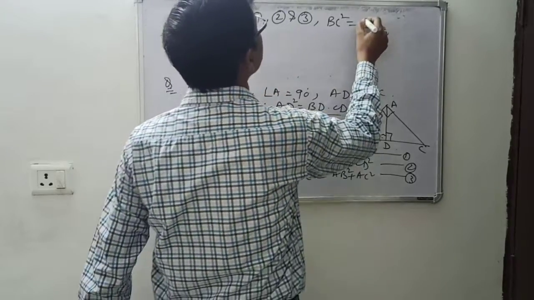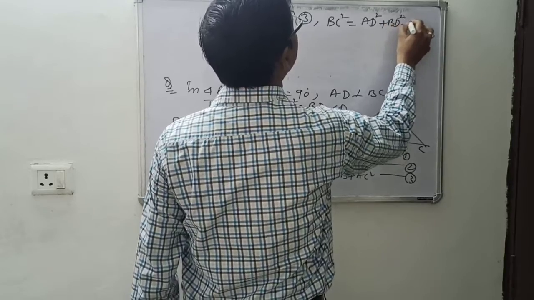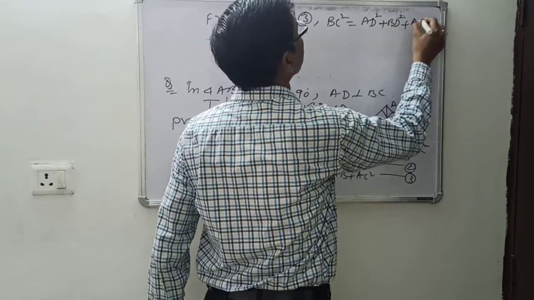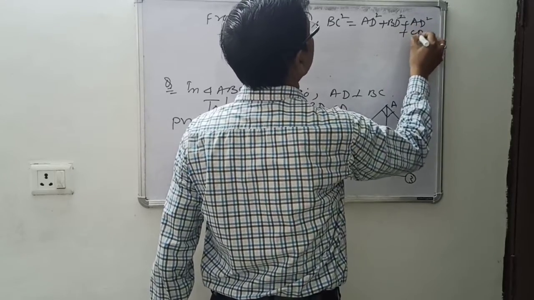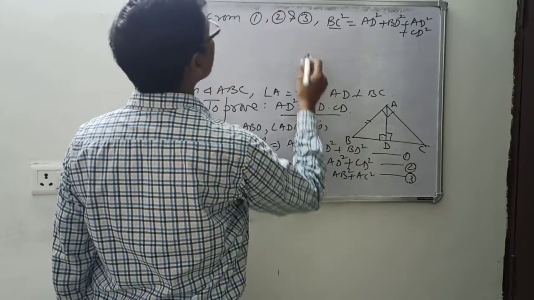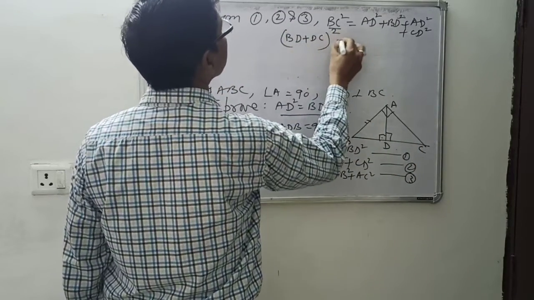AB square means you can write AD square plus BD square. Here AC square means AD square plus CD square. Good. But what is BC? BC you can write as BD plus DC whole square.